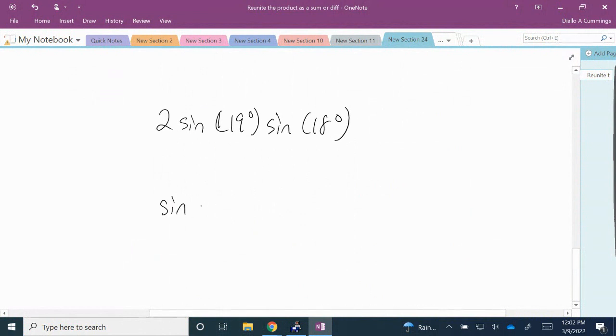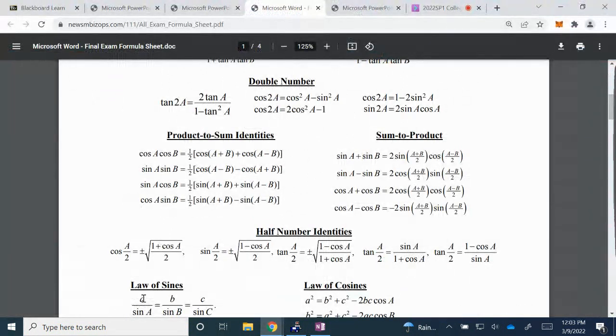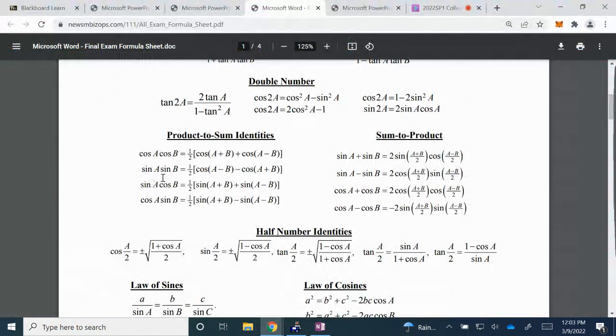So it's sine of A times the sine of B. That's equal to 1/2 times the cosine of A minus B minus, I'm just making sure that I have the right formula.